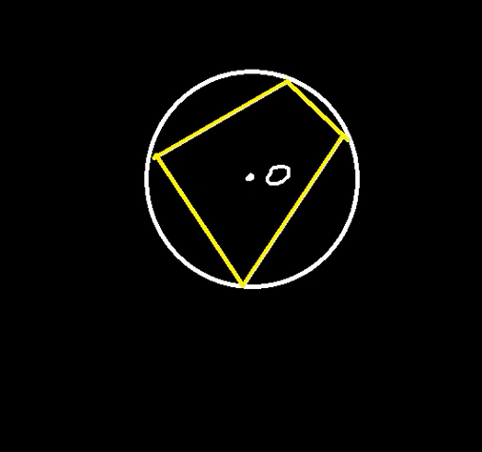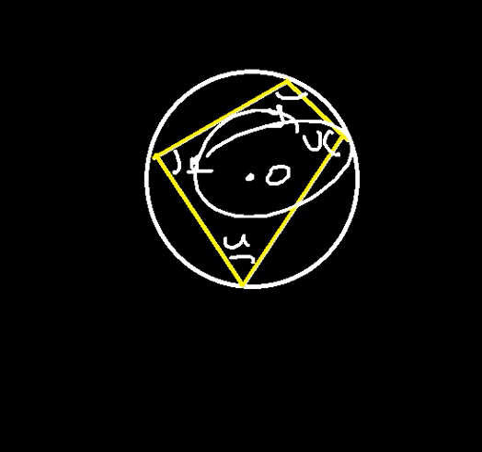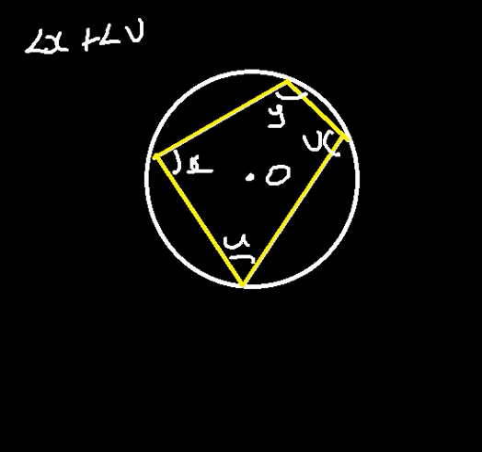According to the principle behind that theorem, let's say this is angle X, this is angle Y, this is angle U, and this is angle V. Now, the opposite internal angles of this cyclic quadrilateral are supplementary, in the sense that angle X plus angle V is equal to 180 degrees, and angle Y plus angle U is equal to 180 degrees.